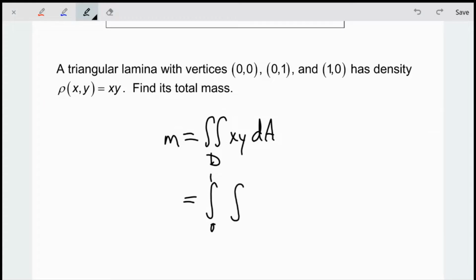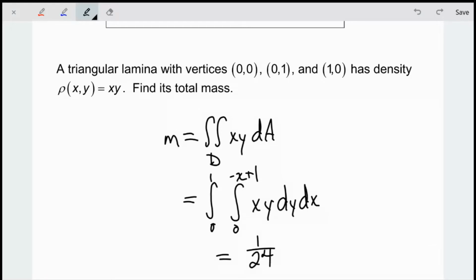Remember, we talked about those limits of integration going from 0 to negative x plus 1 for the y, and 0 to 1 for the x. So it's the same setup, except now when I'm solving this integral out, it's going to be a little bit more work because I've got to actually solve the integral. I can't do any shortcuts for this one. So it turns out when you solve this out, you get 1 over 24 as your mass.